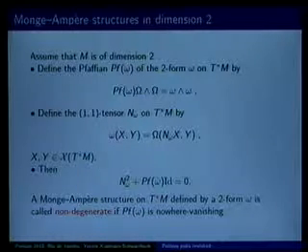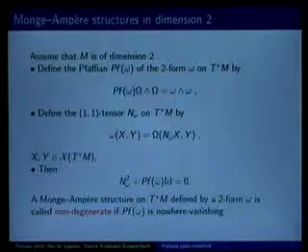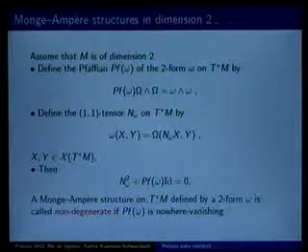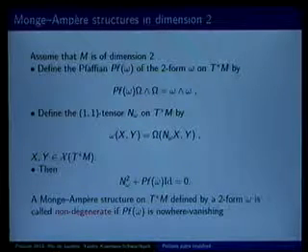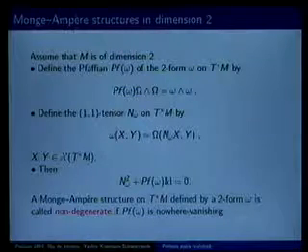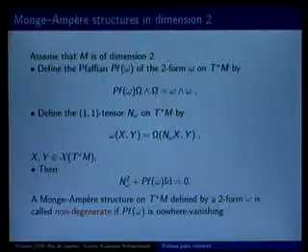Everything is on T star M now, so N omega is a 1-1 tensor on T star M defined by this formula, and you can prove that it squares to a multiple of the identity, and this multiple of the identity is minus the Pfaffian defined by this formula. And the case that I will need will be the non-degenerate case where the Pfaffian doesn't vanish.